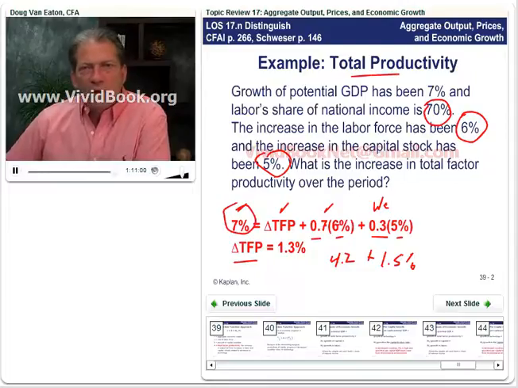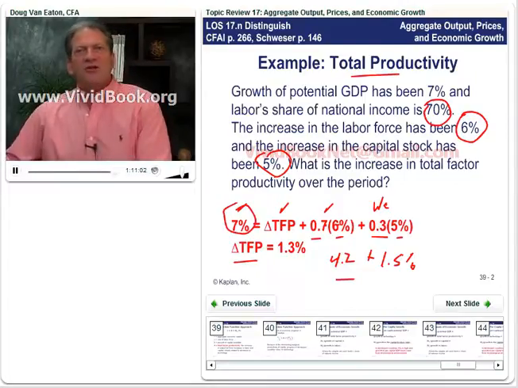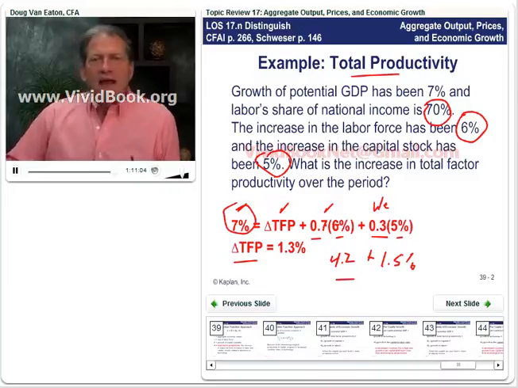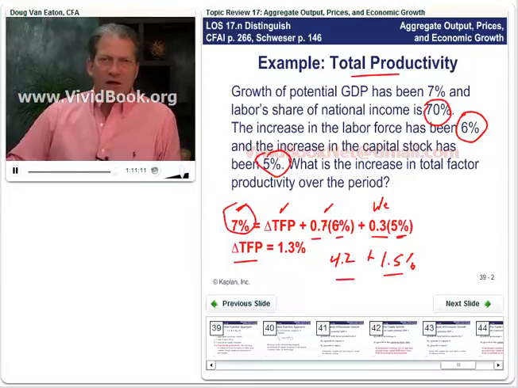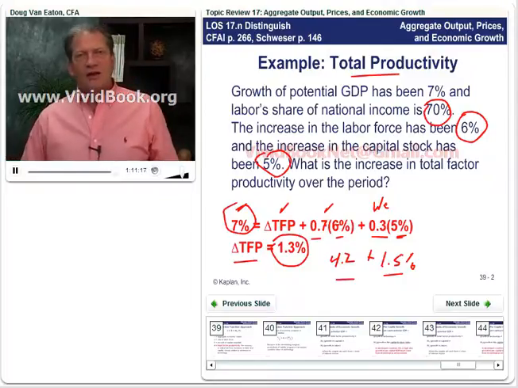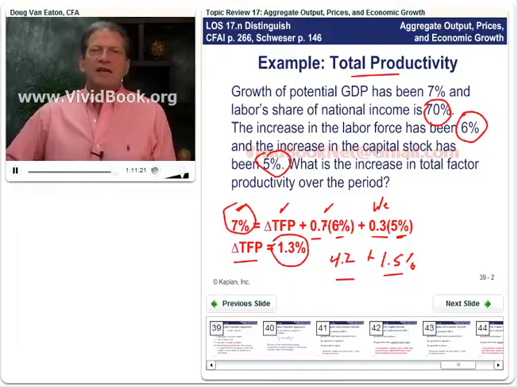So 4.2 of that came from the increase in the labor force. And 1.5% of that increase in output came from growth in the capital stock. All the rest of it came from this total factor productivity. And typically we think of that as an improvement in technology.